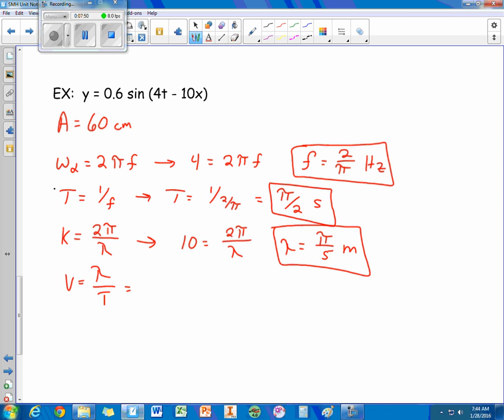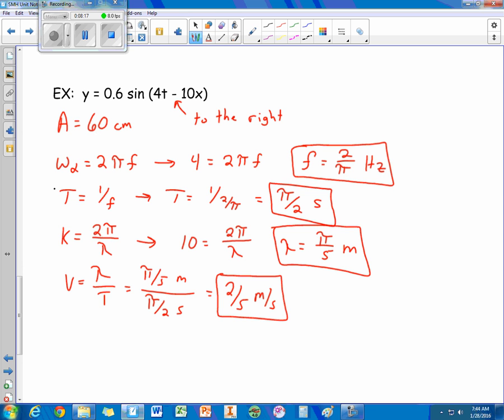So that means that I have pi over 5 meters divided by pi over 2 seconds, and that equals 2/5 meters per second. Finally, I know that the wave is moving to the right. So out of that one model right there, we can pull a lot of useful information.